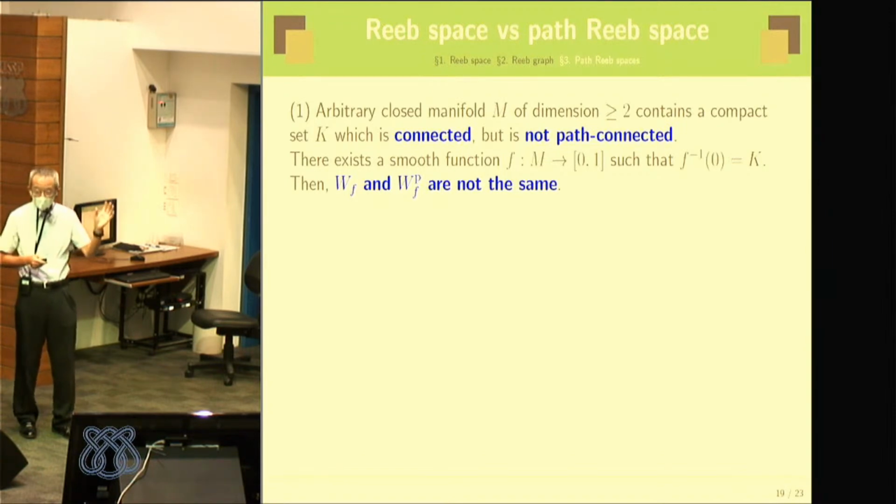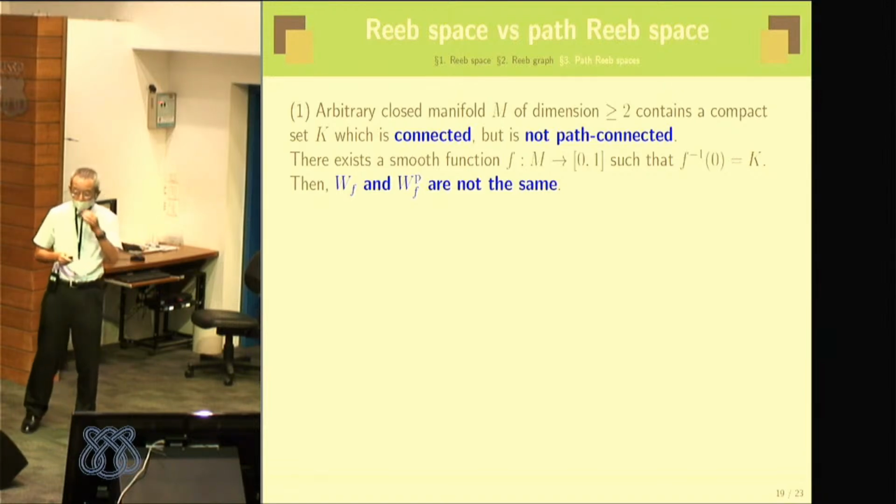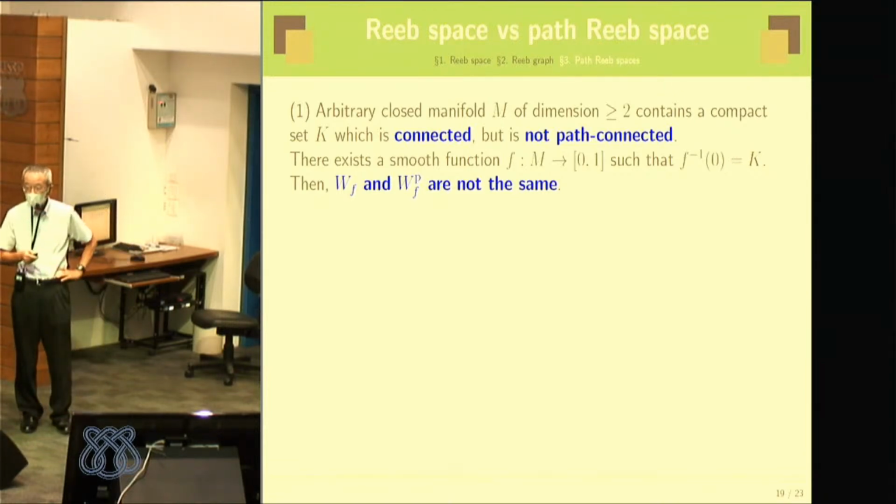So if you consider the equivalence relation with this, then the result is different in general. For example, if you consider a smooth function whose zero set coincides with this K, then W_F and W_F^P are not the same, because the equivalence relations are different.